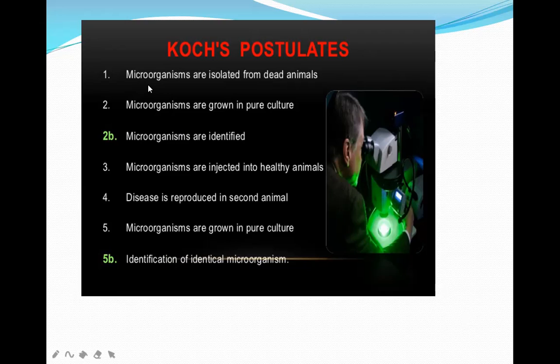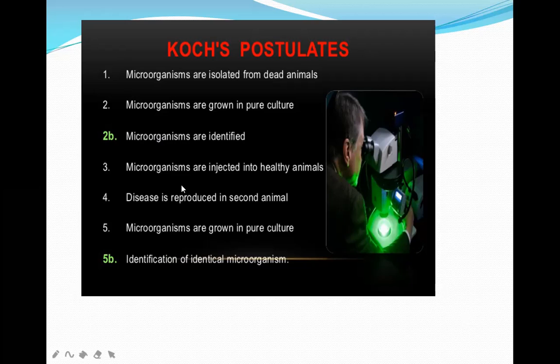In the first step, the microorganisms are isolated from the dead animals. The second, the microorganisms are grown in pure culture. In the third step, microorganisms are identified, whether it is bacteria or fungi, which type of bacteria, what is the name of that bacteria, and if it is a fungus, which type of fungus it is.